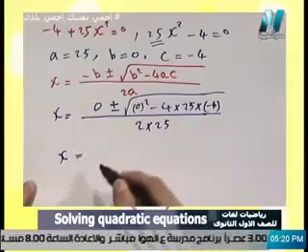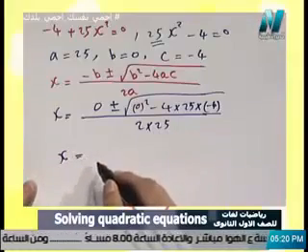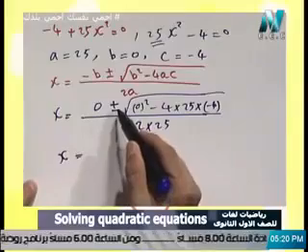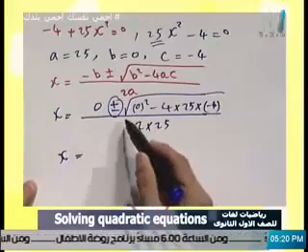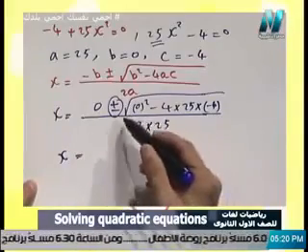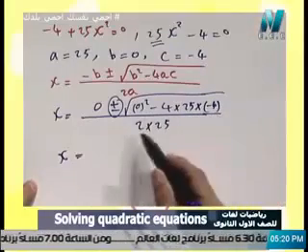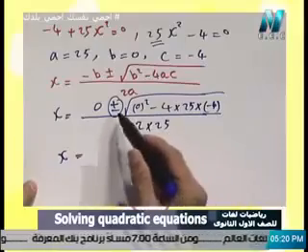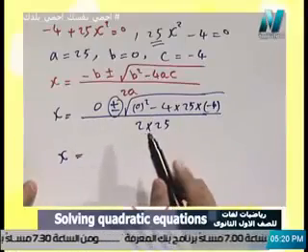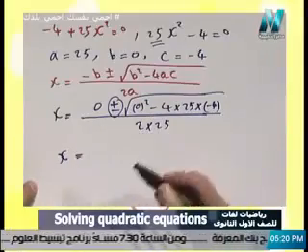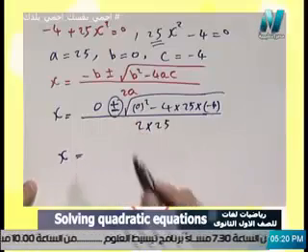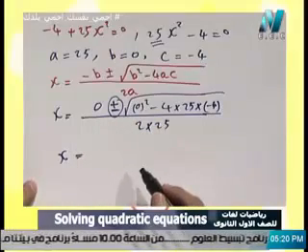By using your calculator, first you consider the square root of 0^2 minus 4 times 25 times negative 4, over 2 times 25 as positive, don't write anything, or the other method is to put negative. So we have two solutions.